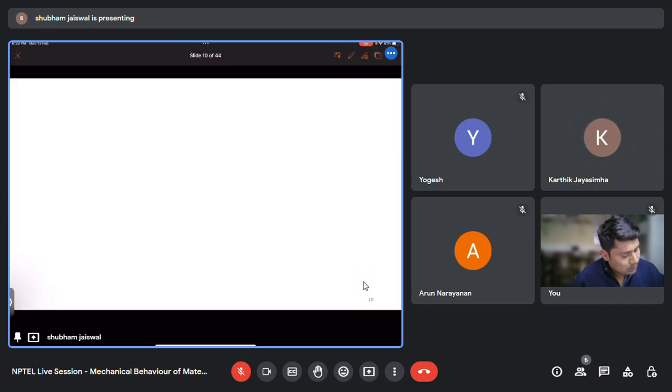So now, 60 is equal to root 3 sigma x minus root 3 sigma y minus 2 tau xy. Let's say this is equation 2.